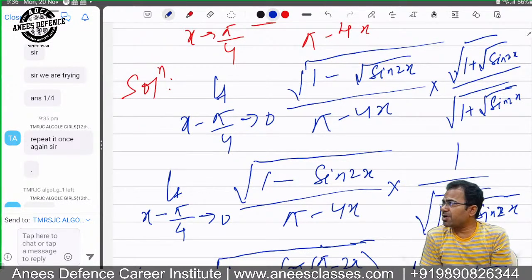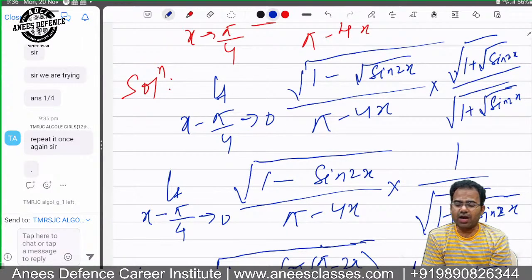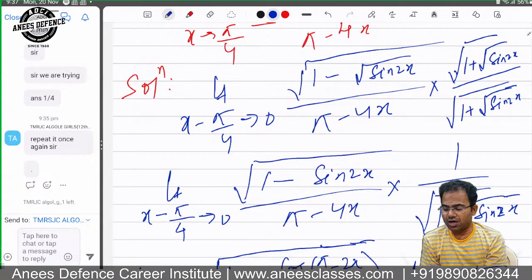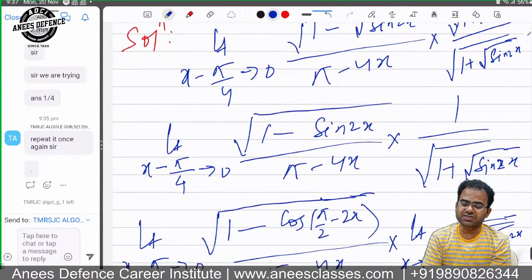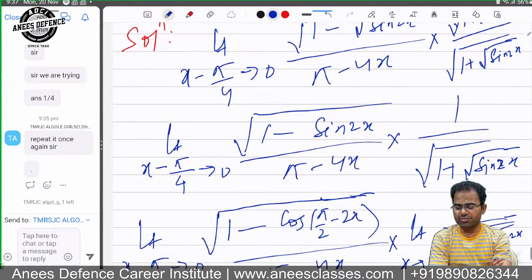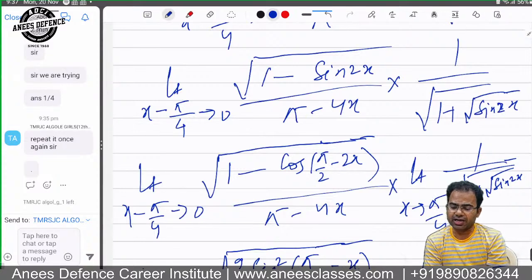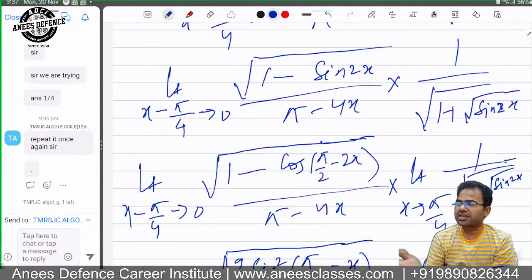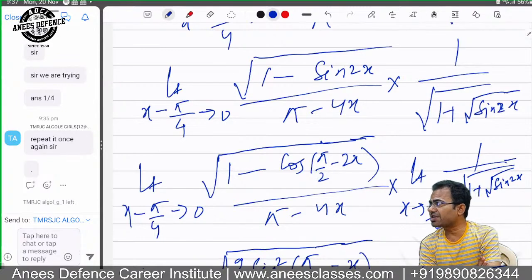And the second factor will be in the denominator 1 upon under root 1 plus under root sine 2x. The first factor is 0 by 0. So we will calculate limit of first factor separately, and second factor is finite. So we will calculate limit of second factor separately.